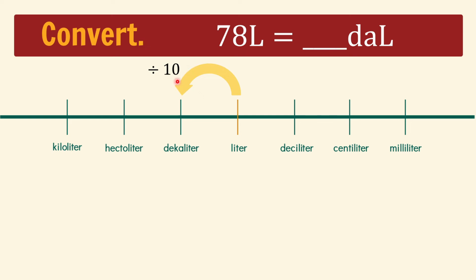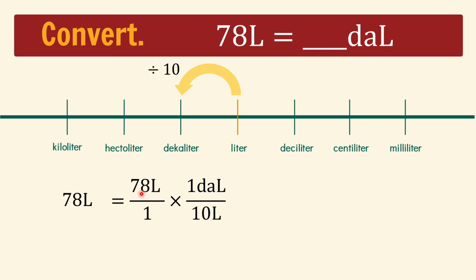But since we are talking of capacity, each step will be 10. So using the factor label method, 78 liter is equal to 78 liter over 1 times the equivalent relation of conversion, 1 decaliter all over 10 liters. So canceling the similar units and multiplying the fractions, we get 7.8 decaliter.